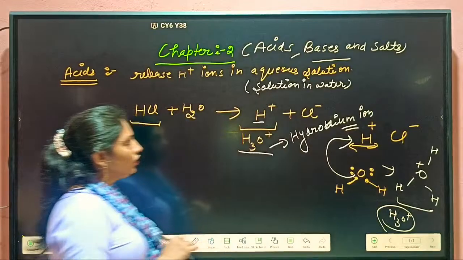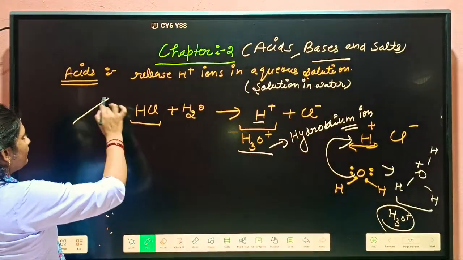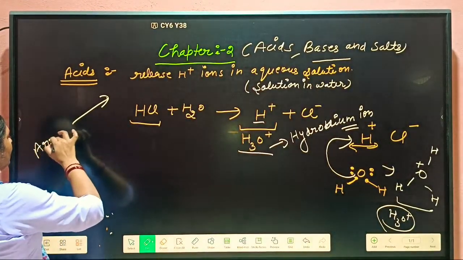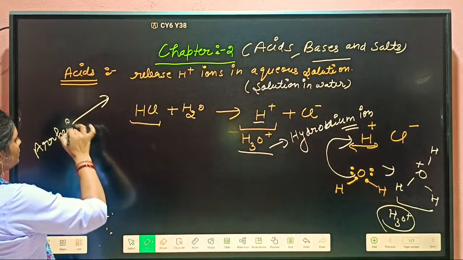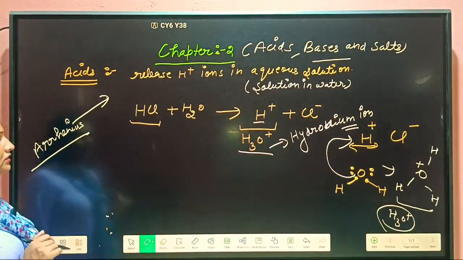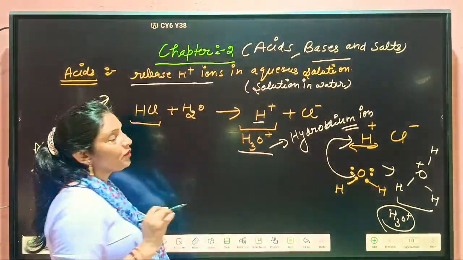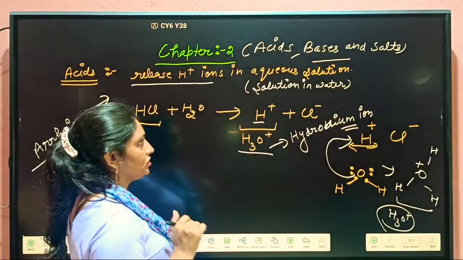Hydronium ion. Okay students, so what do you mean by acids? Basically, this concept was given by Arrhenius. Students, this is also known as the Arrhenius concept of acids. Arrhenius told us the substances which release H positive ions in aqueous solution are acids.